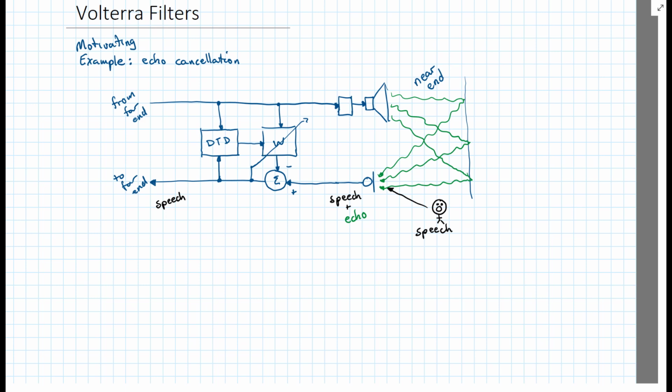This is done in devices of all sorts. And the straightforward way to do this is to take the speech on its way out to the speaker, run it through an adaptive filter, and predict what it will see coming in through the microphone and subtract it off, so that what we're left with is just the local speech and not the echo.